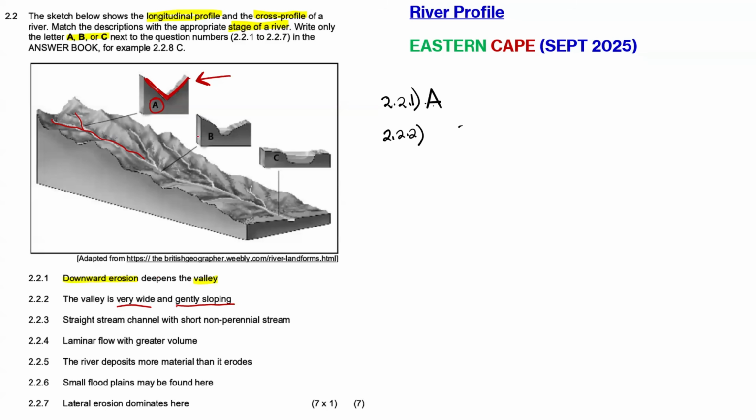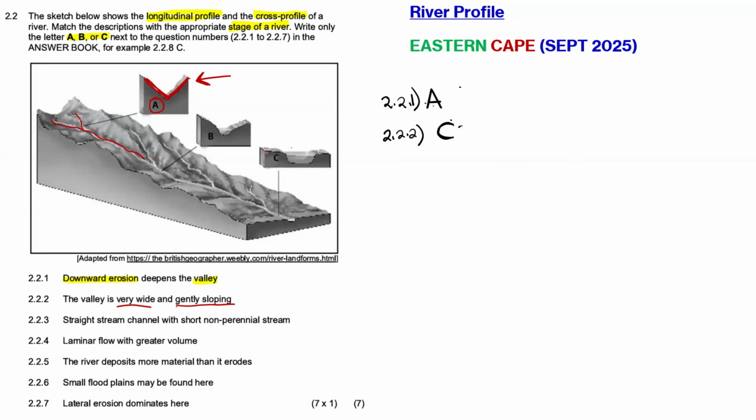Yes, let's hear from the next person. Yes, Andile. Okay, so that's C. So we're taking C, guys. Remember, the valleys start to be wide at the middle course, but they become wider at the lower course because at the lower course the dominant process is deposition.